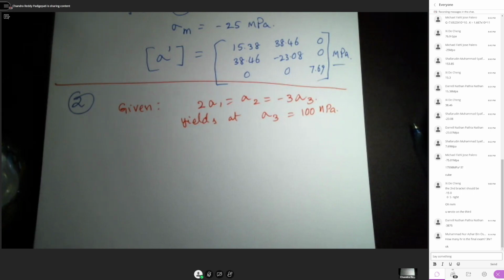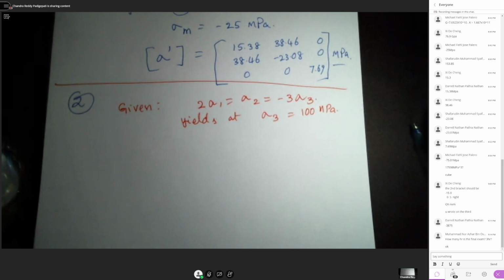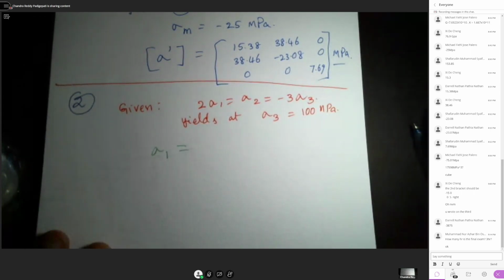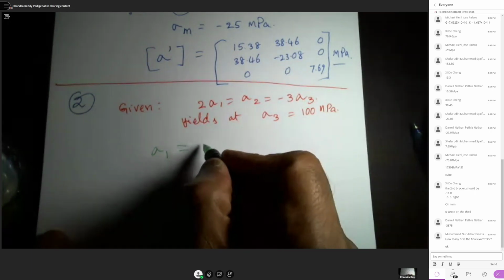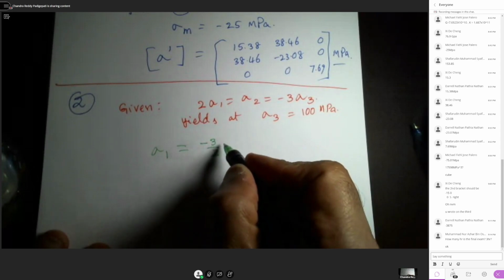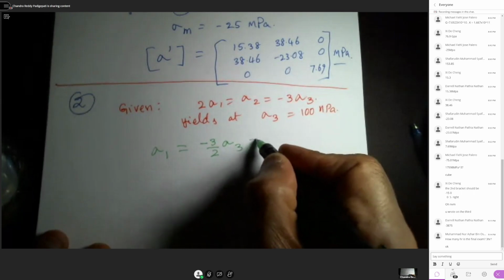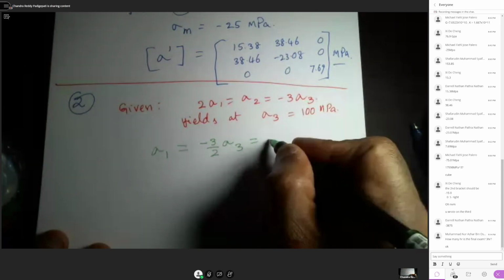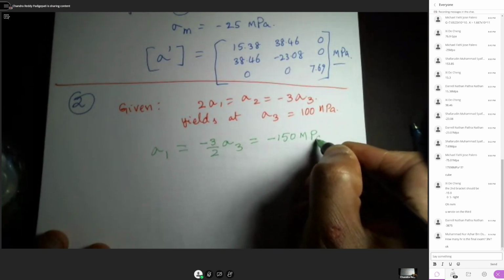So you can write now from this, sigma 1 is equal to negative 3 by 2 sigma 3. Sigma 3 is 100, so from this calculation, you get sigma 1 is equal to negative 150 megapascals.